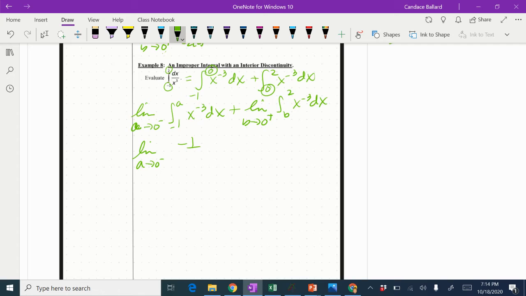I know it was -1 over 2x squared, from -1 to a, plus the limit as b approaches 0 from the right, -1 over 2x squared, from b to 2. And I'm going to go ahead and substitute in.